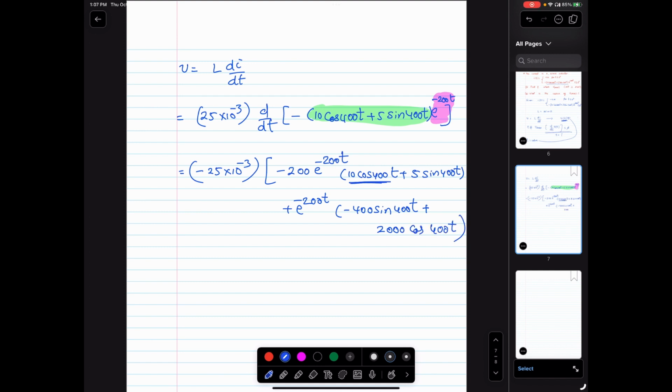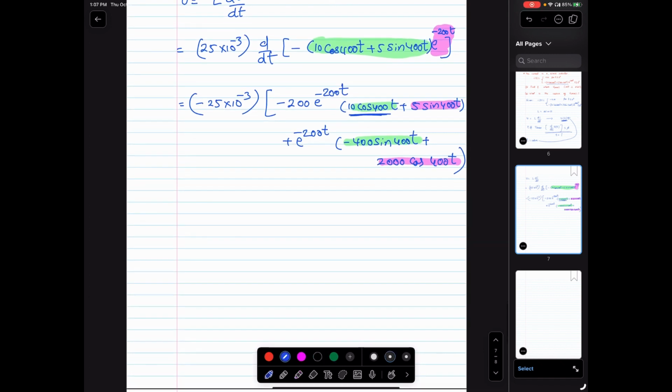This part shows the derivative of that, and the derivative of this one is shown here. So clearly we are applying the chain rule. Now we can simplify this a little bit more. I'm going to leave that as an exercise to you.